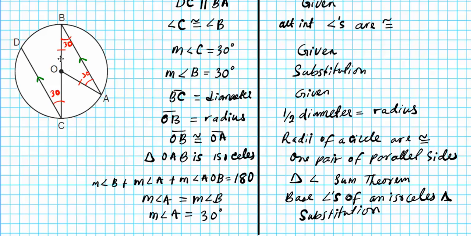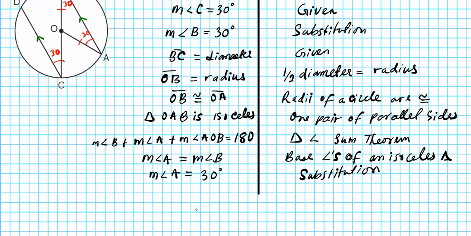Now, what's the measure of angle AOB? Well, let's put everything together and then we can see what it is. So angle B is 30 plus angle A is 30 plus measure of angle AOB, what we're looking for, equals 180. And this is simply by substitution.